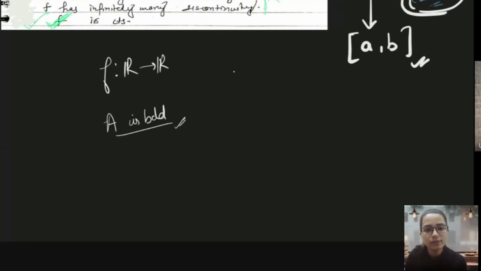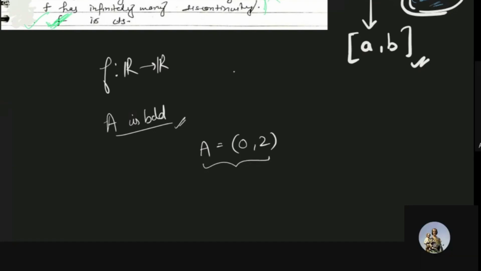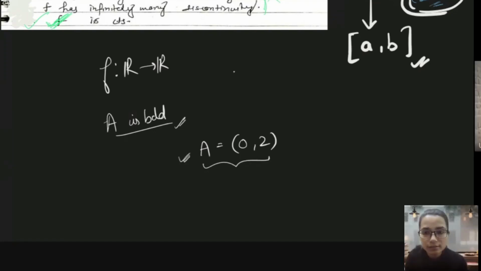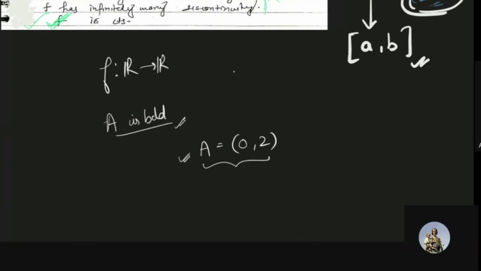But let's say A is some open interval. What are you saying? The values will be bounded for f of A, right? It cannot exceed that boundedness. Yes, but f of A may not be bounded.